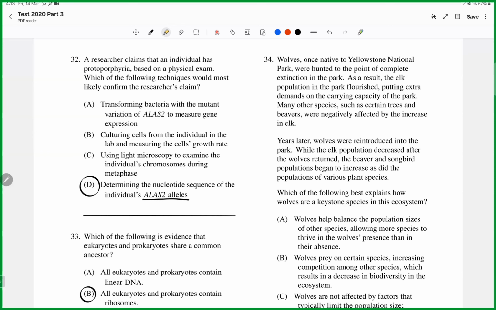You know what that means? The wolves were a keystone species. With only tiny numbers, they make the entire ecosystem balanced because they eat some of the herbivores so that they don't overeat their own food. So, this is ecology.